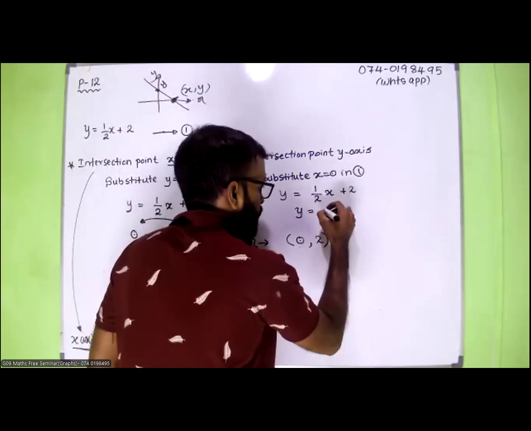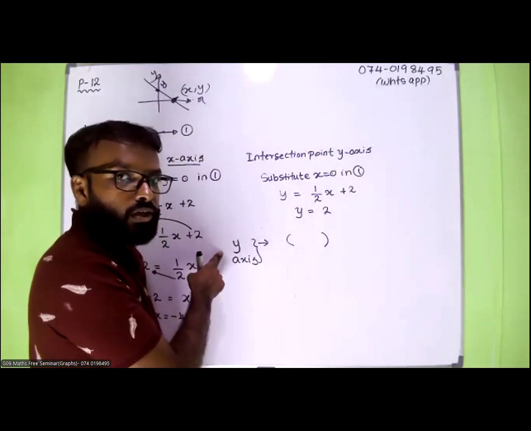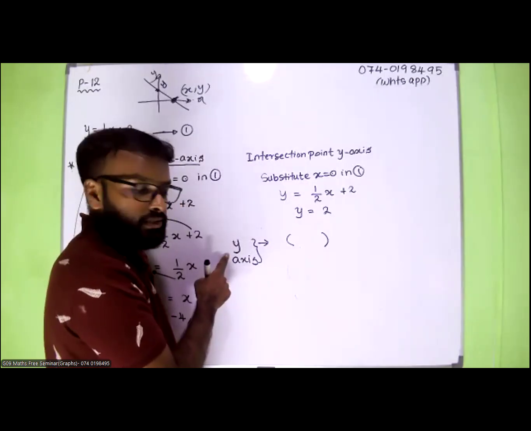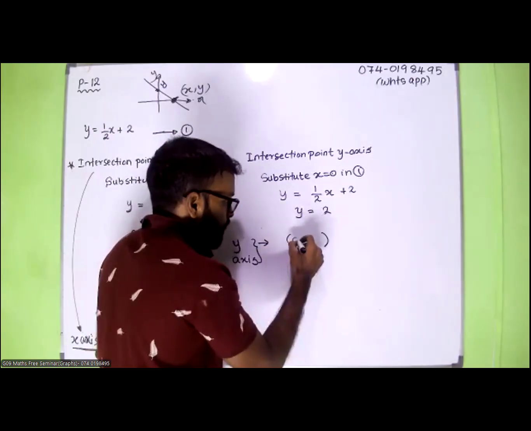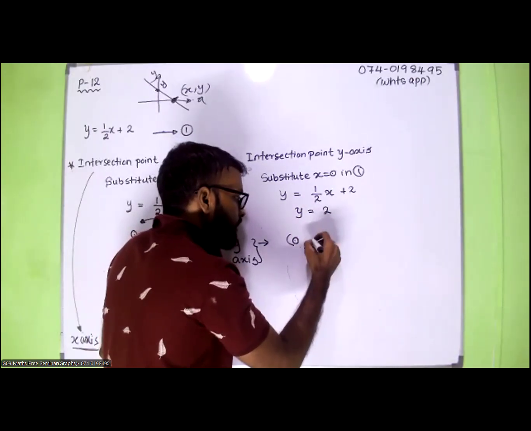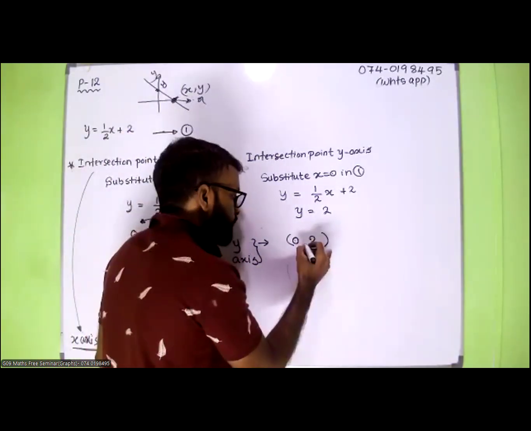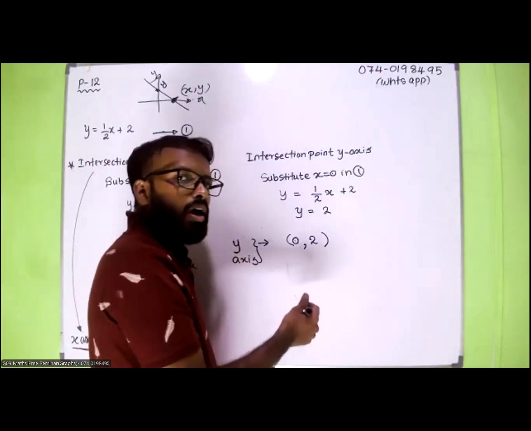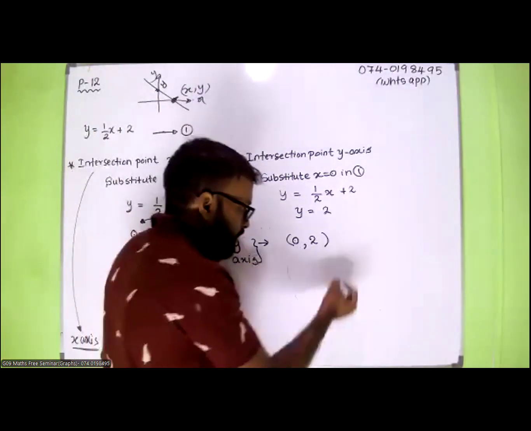So you can write the intersection point of the y-axis like this: the x coordinate is 0 because you are substituting 0, comma, the y coordinate is 2. 0, comma 2. Correct? Now you can roughly sketch the plot.